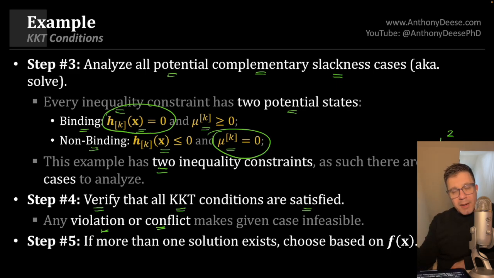We could be evaluating an expression and end up with something like 4 equals 5, where obviously that's infeasible. And then step number 5, if we have more than one solution that's generated, we may need to compare their respective outputs from the objective function f.